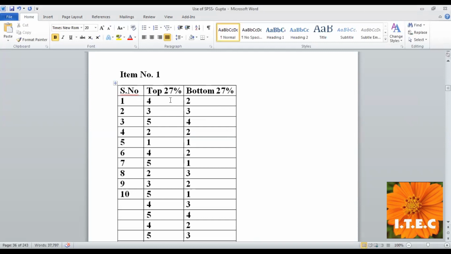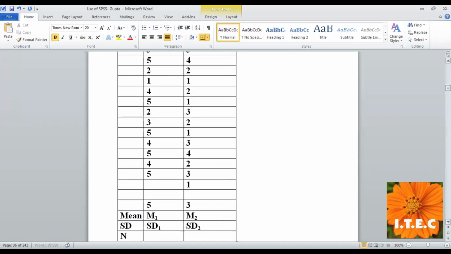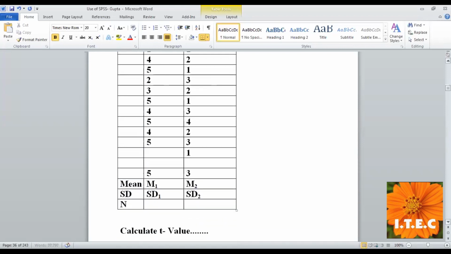If you are confused with this, let me take it out. Otherwise, this is just for giving the number, nothing else. So these will be two independent samples, not the correlated one.